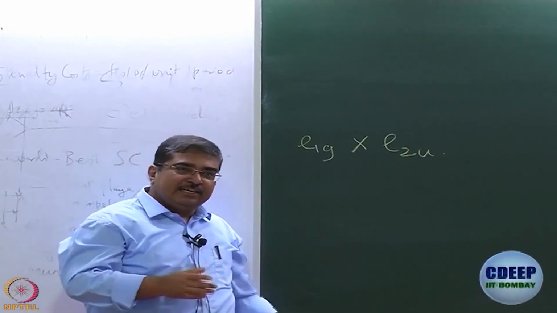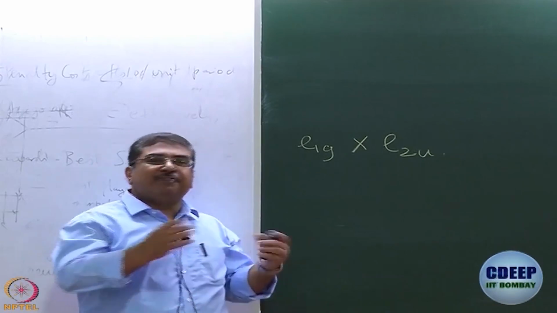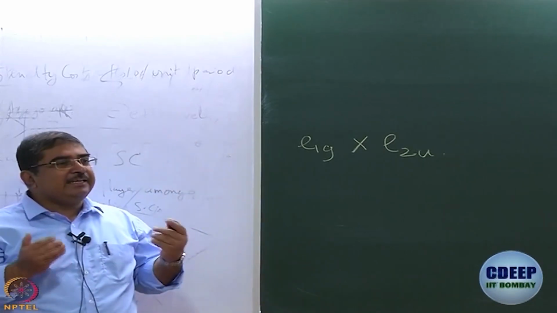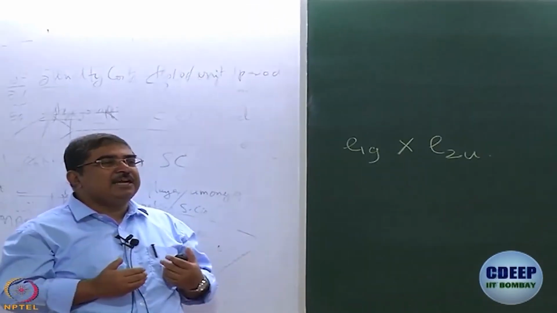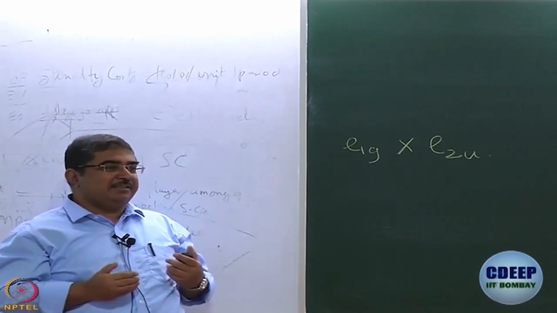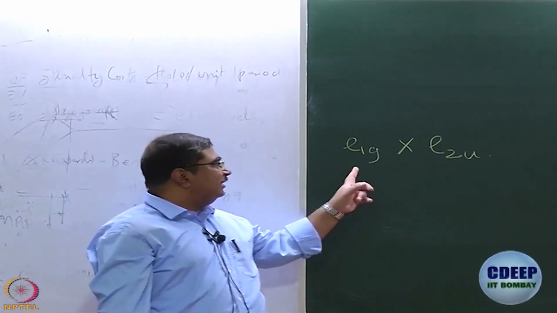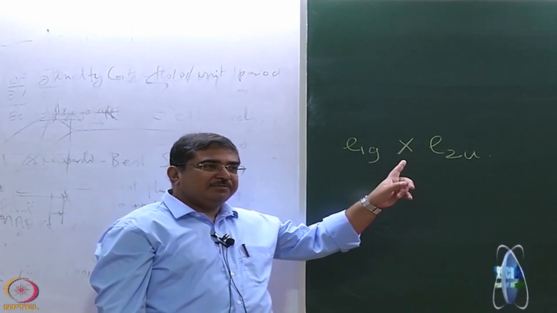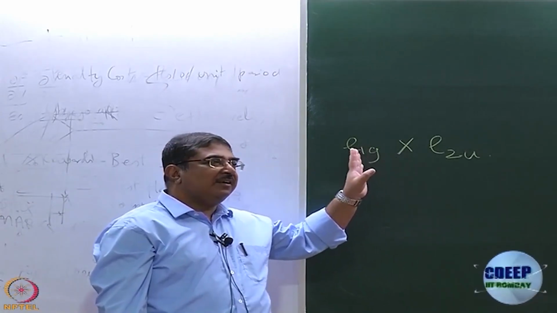As we have discussed earlier, we get the symmetry of the overall wave function or the state by taking the direct product of the symmetries of the singly occupied molecular orbitals. So, we need to do E1G cross E2U. Understood? Shambhit?